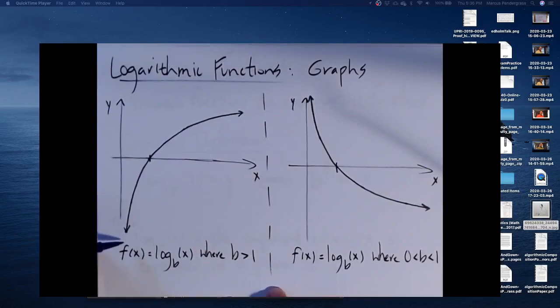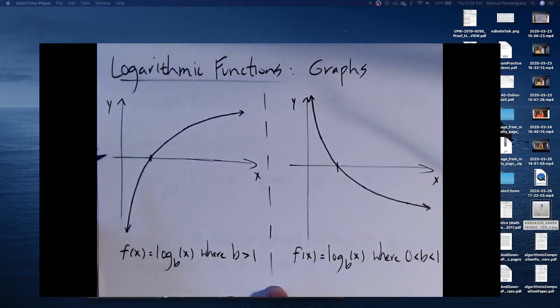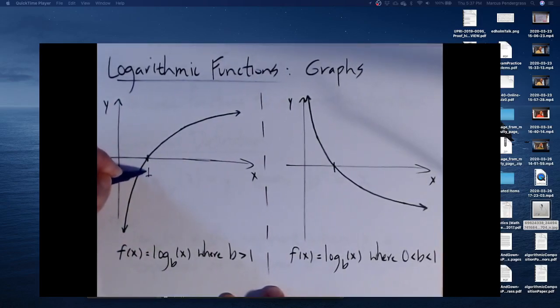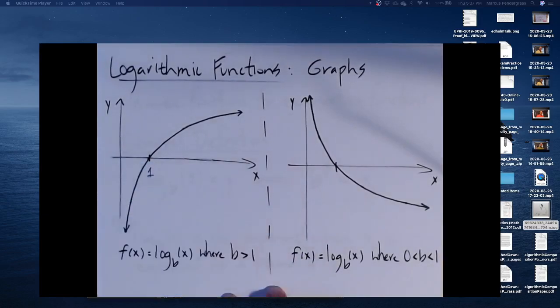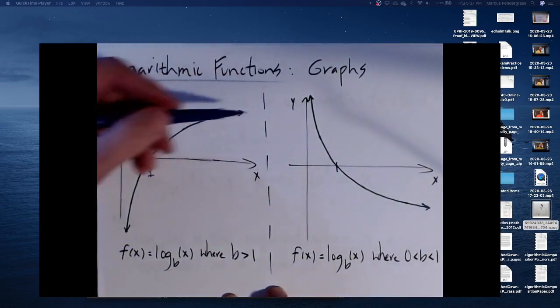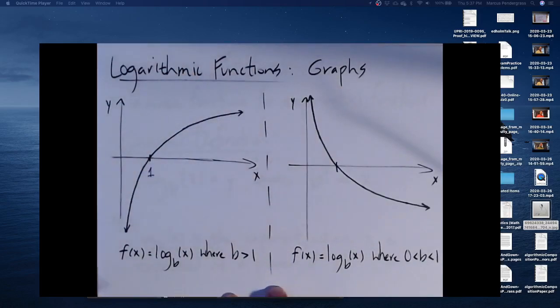Now, instead of a horizontal asymptote, which we had for exponential functions, we've got a vertical asymptote at the y-axis here.